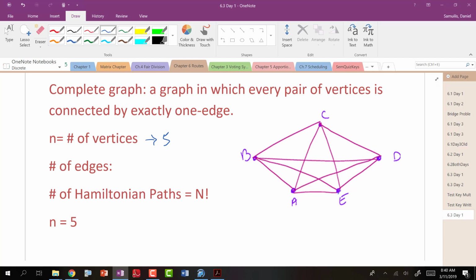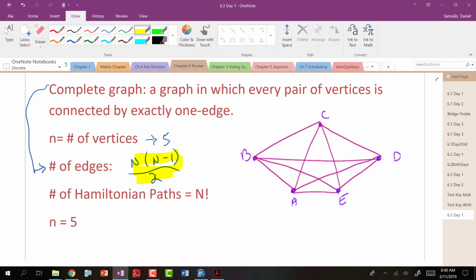And the number of edges will always be in a complete graph the following. N times n minus 1 divided by 2. Okay, so this you can call, and I wrote this in blue so you can really identify this, a formula. I think it's the second one that we have to have memorized for the upcoming test. We'll talk about the other one.